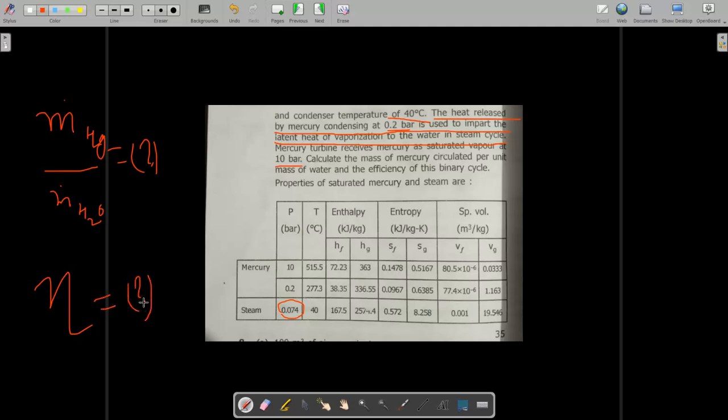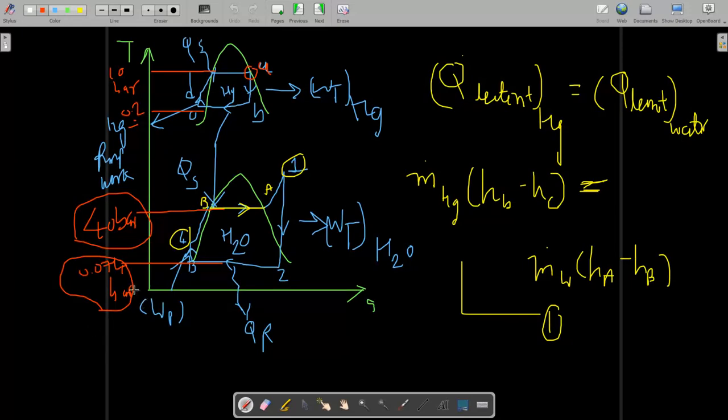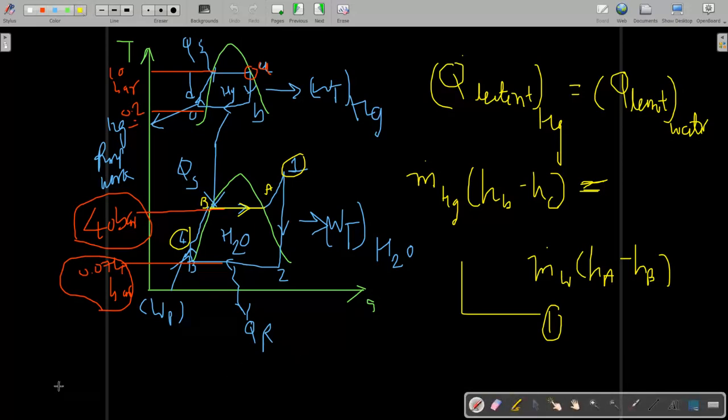these two. So how to approach this question? My approach, and this is what I follow in all steam power or vapor power cycles, is to find the enthalpy at all the points. That is the one best option.